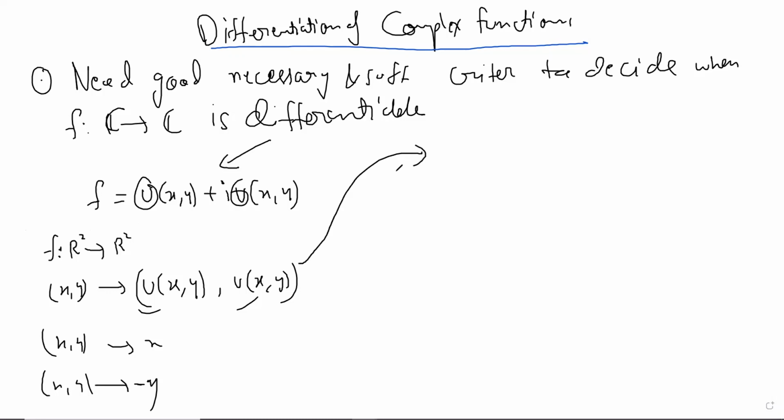But again, to cut it short, if you want to describe the derivative of a function from R2 to R2, we will break this job down into two things. One will be differentiation of this function, and the other will be differentiation of this function.